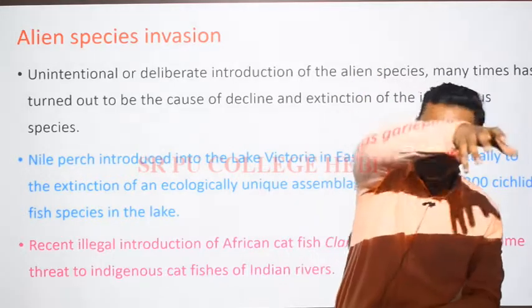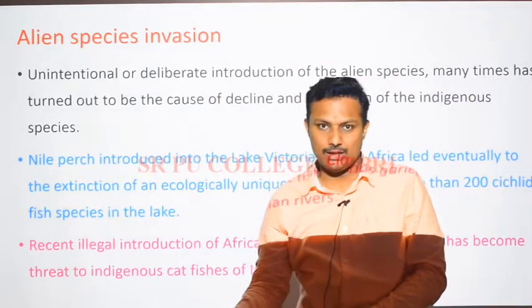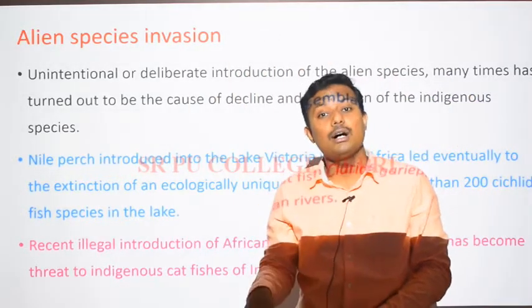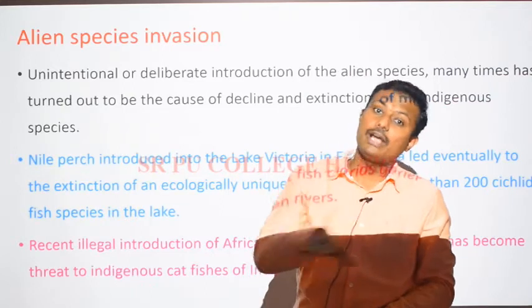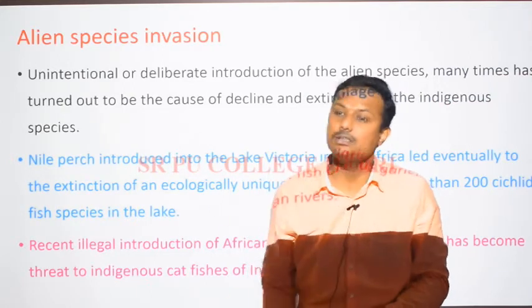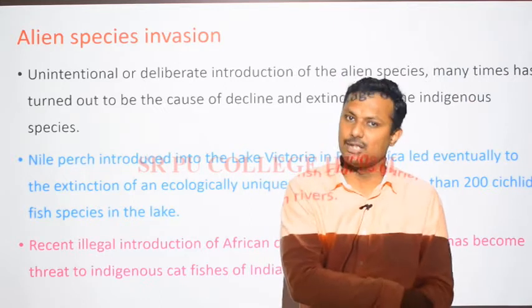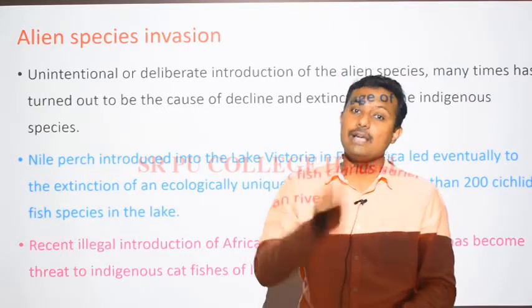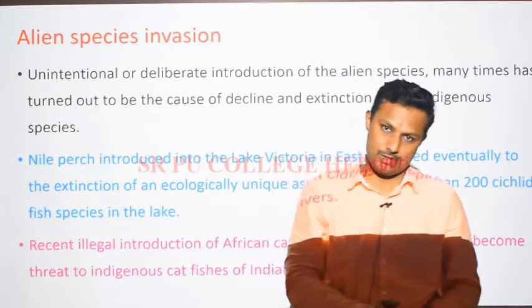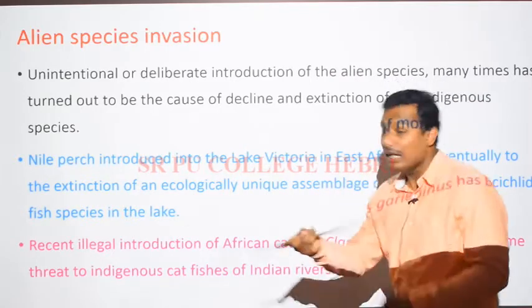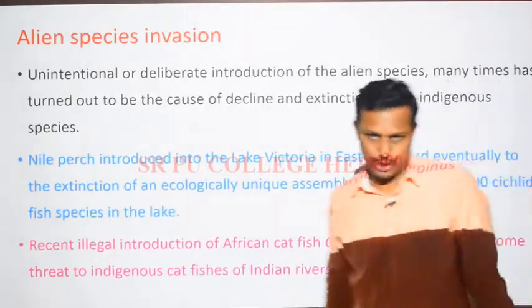When brought from some other habitat and placed in this habitat, they extinct the native species here. They are going to disturb the native species of this habitat. This is what is called invasiveness of alien species, right? So, unintentional or deliberate introduction.